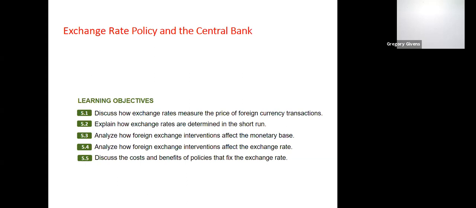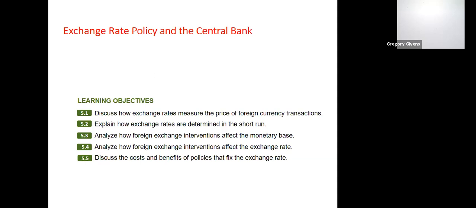Now, it turns out that the Federal Reserve, our central bank, very seldom intervenes in these foreign exchange markets. So some of you might already be wondering, well, why are we really talking about this all that much if the Fed doesn't really intervene in these markets that much? And that's one of the reasons why I've called this exchange rate policy and the central bank.